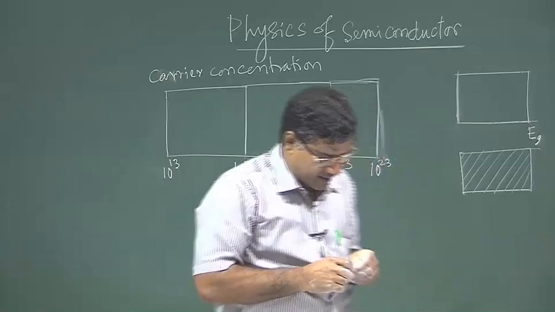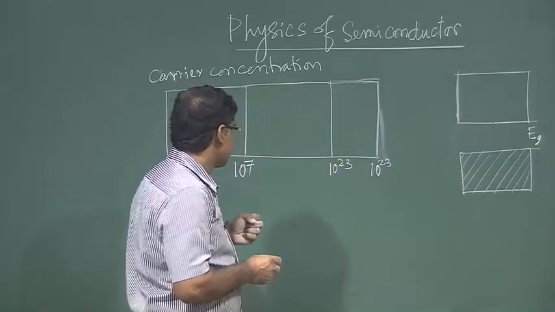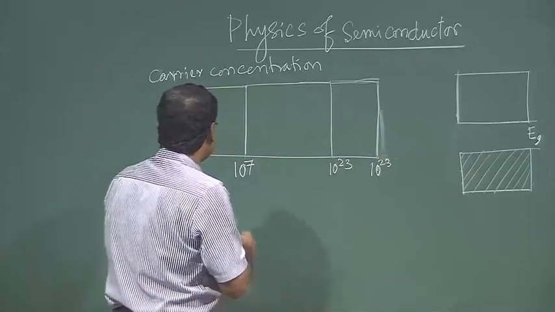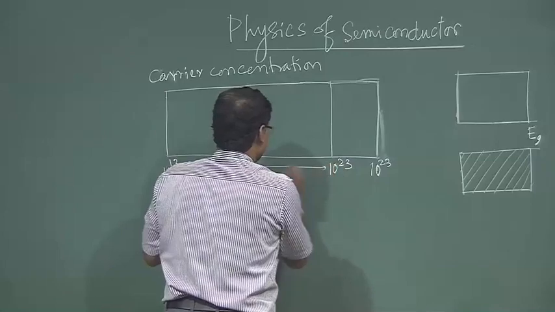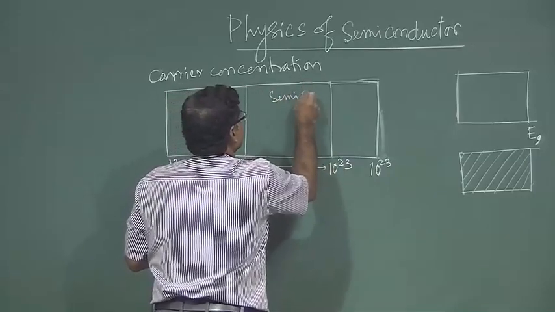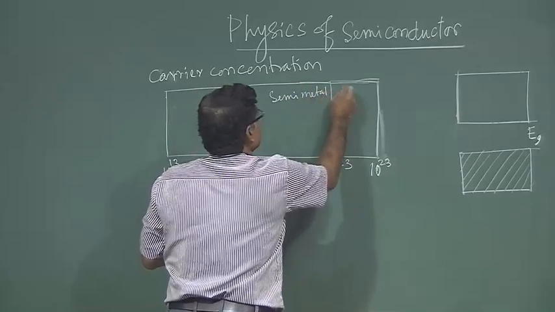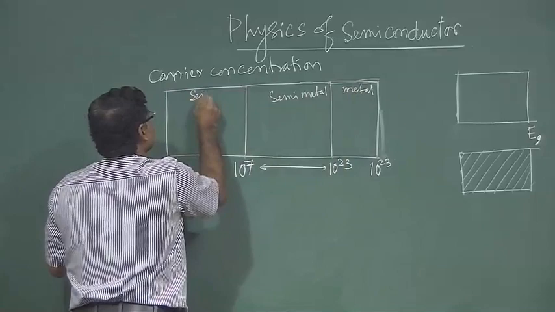So, this is the number of electrons per unit cubic centimeter. So, that is the typical number. This is the semimetal. This is metal, this is semiconductor.